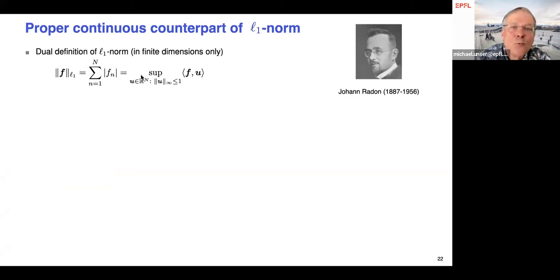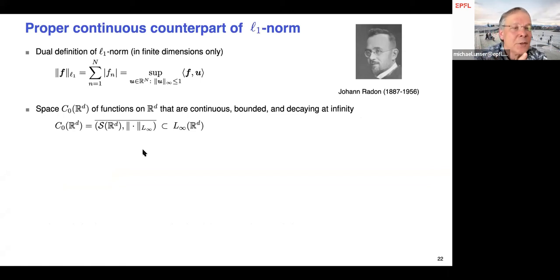The right way to do it is, of course, to use the proper norm. For example, L1 in finite dimension you can define as the dual of L infinity. In infinite dimension, it doesn't work, but there's a so-called space C0, the space of continuous bounded functions that decay at infinity. That is a little smaller than L infinity, but it is the right space for our purpose.